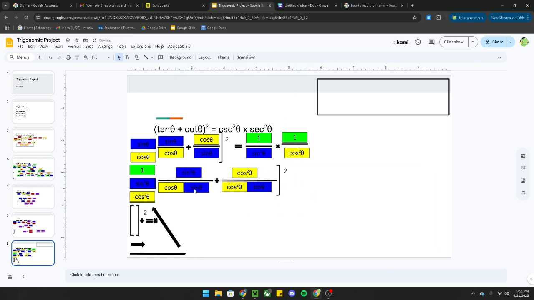yet to change from squared, equals, and since these are multiplying, you just multiply. So it'd be 1 over sine squared times cosine squared.